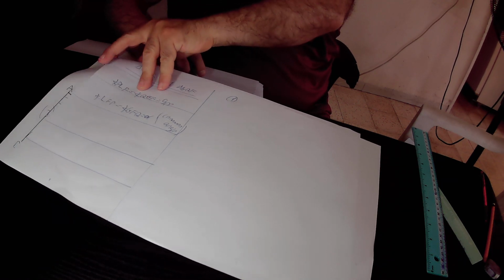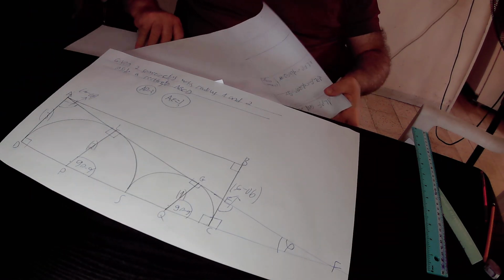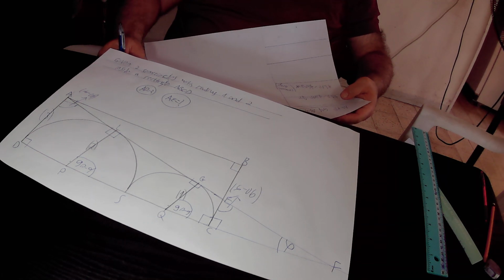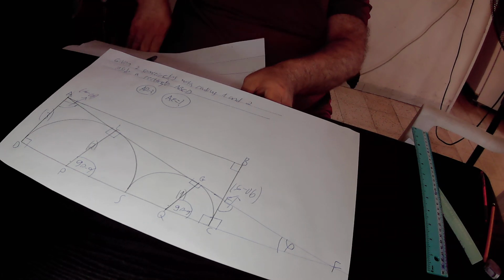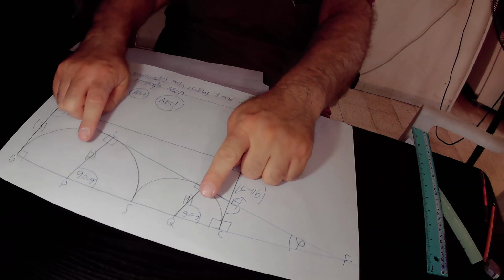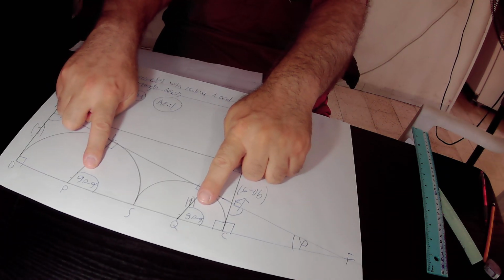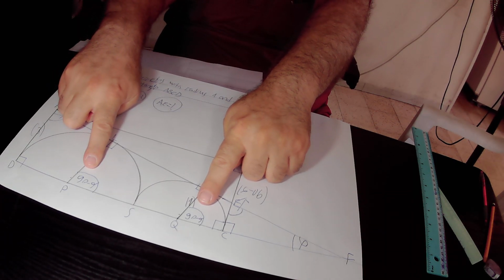And finally, those two angles, they are both equal to 90 degrees minus alpha, therefore they are equal to each other.